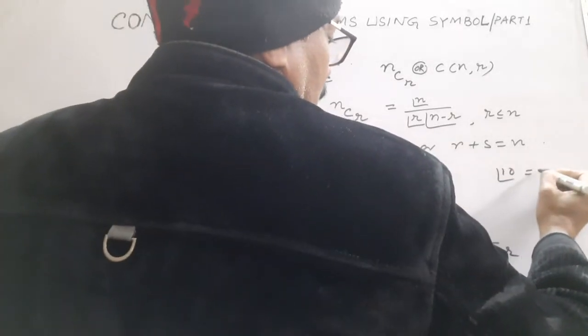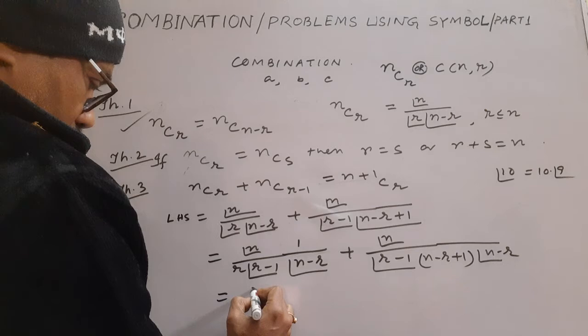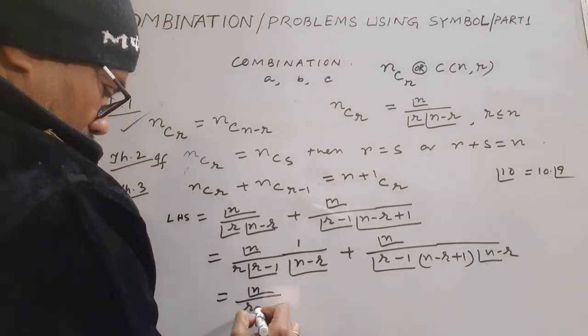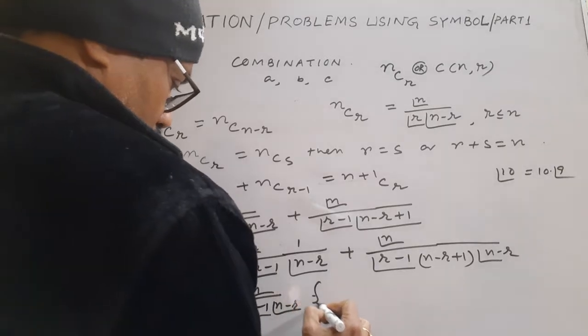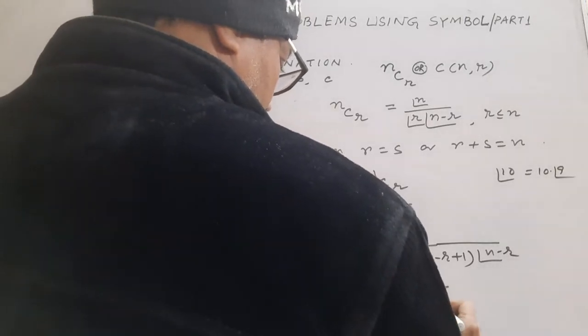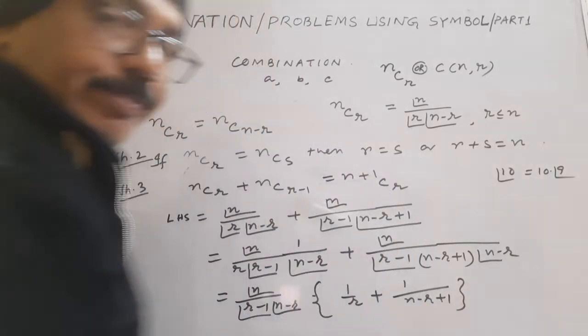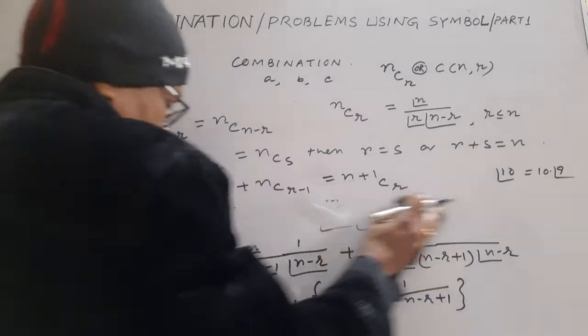So factorial 10 is 10 into factorial 9, and using this, we take common factorial n by factorial r minus 1 and factorial n minus r. So we get 1 by r plus 1 by n minus r plus 1. Now the next step.